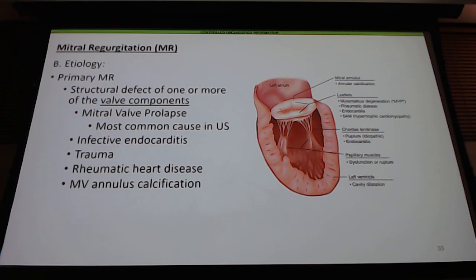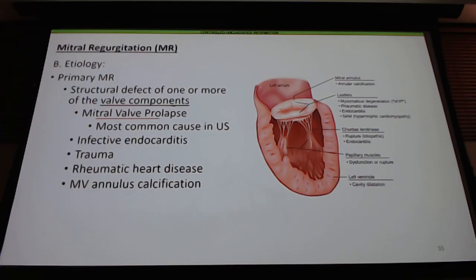So when we talk about primary mitral regurg, primary means there's a problem with the valve components itself. So the valve leaflets are the problem, or let's say the chordae tendineae, there's something wrong with that that's causing the valve leaflet not to function properly. And there's a number of things that can cause a primary mitral regurg.